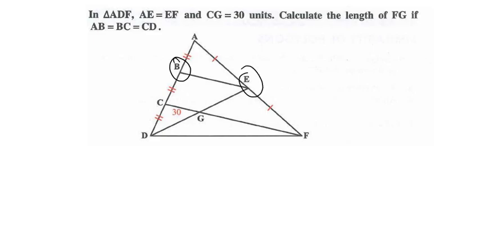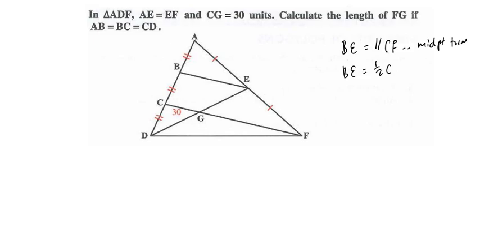Because of that, I can already say that BE is going to be parallel to CF, midpoint theorem. At the same time, BE is going to be half of CF, midpoint theorem. So we know that if BE is X, CF is going to be 2X.